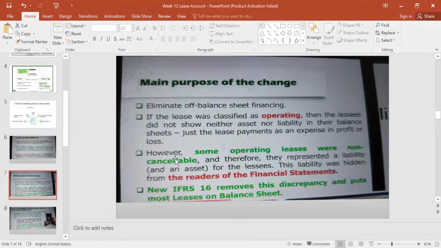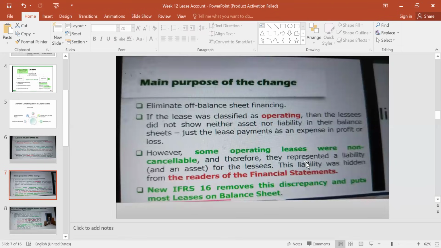Then some operating leases were non-cancelable and therefore they represented liabilities for the leases. The liability was hidden from the reader of the financial statement.